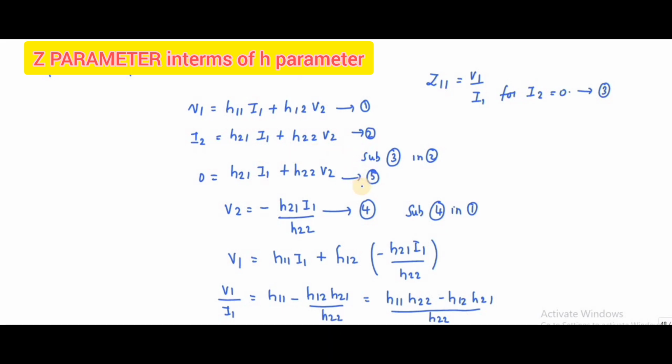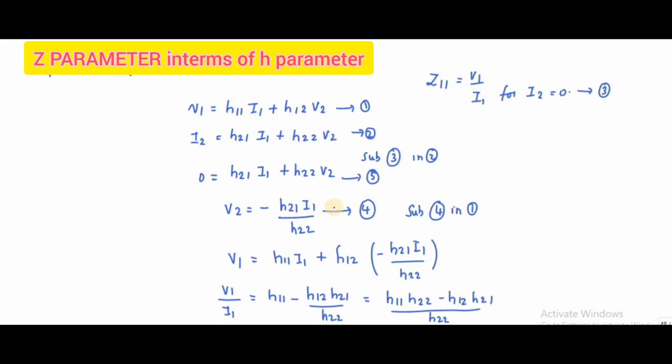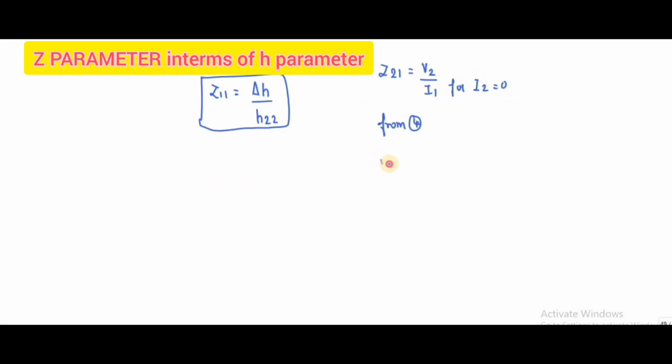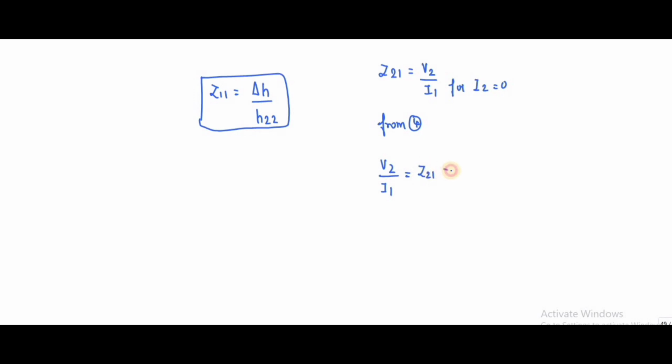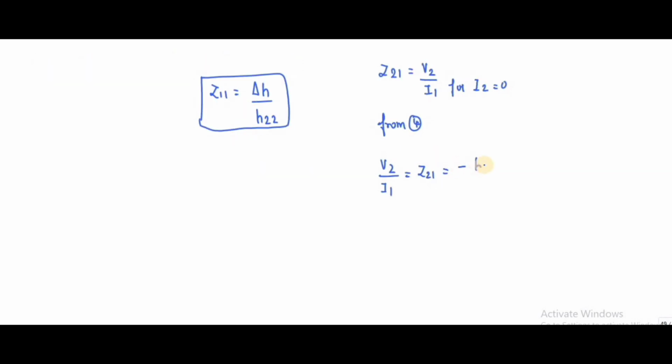Take that equation. So from equation 4 you can write V2 by I1 is equal to Z21, that is equal to minus H21 divided by H22. Okay.